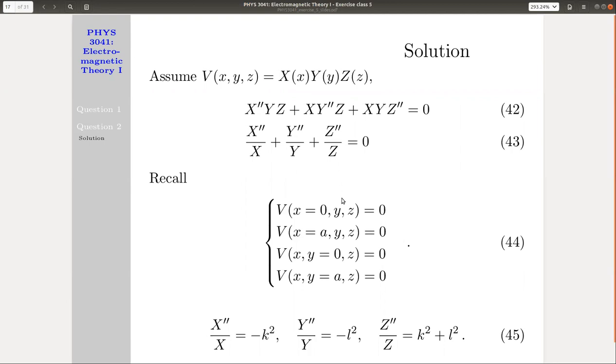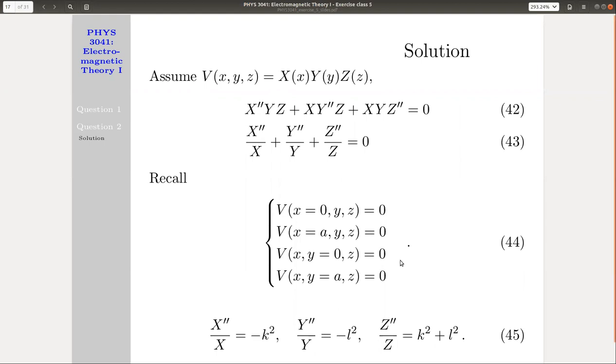So here, X double prime over X has to be equal to some negative number, and Y double prime over Y also has to be equal to some negative number. For convenience, we can simply let it be minus k squared and here minus l squared.